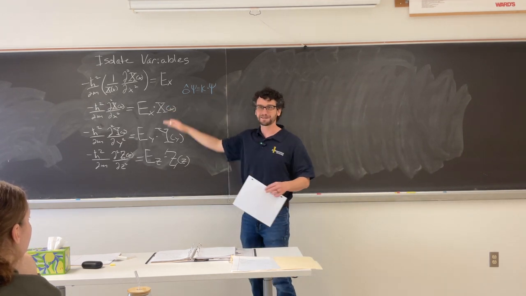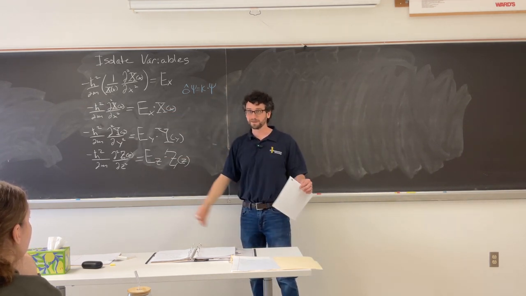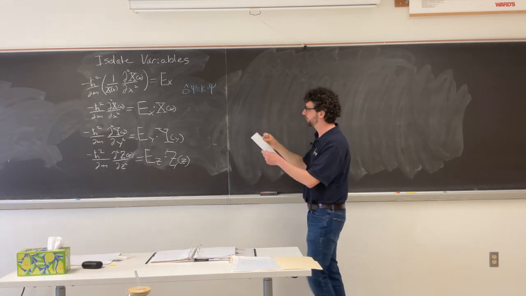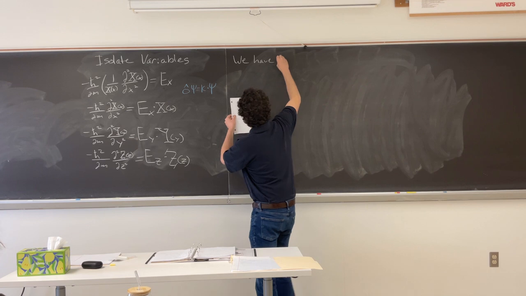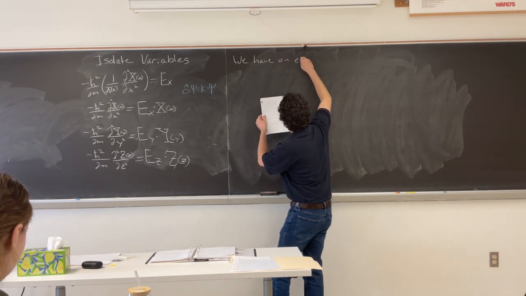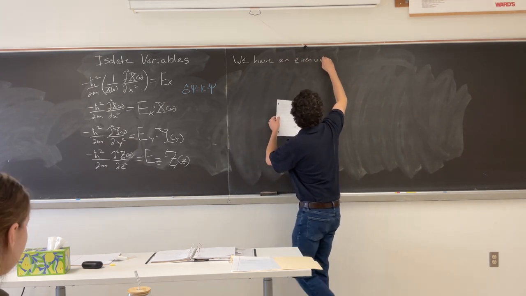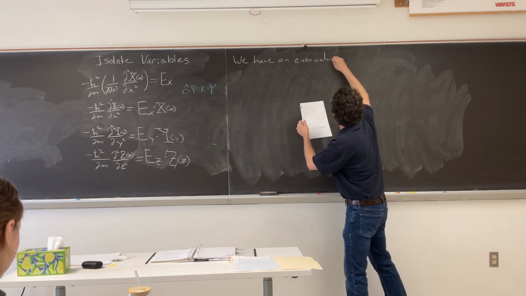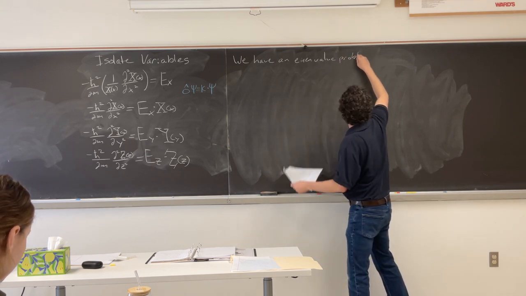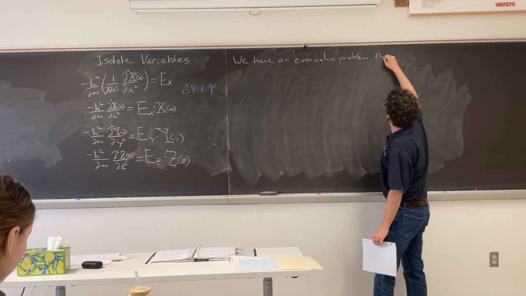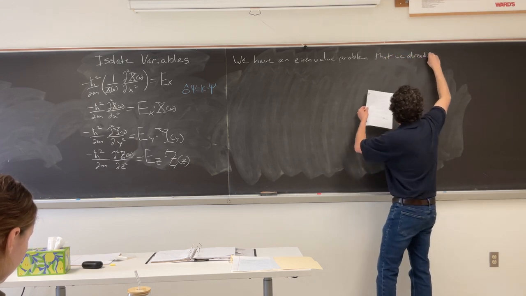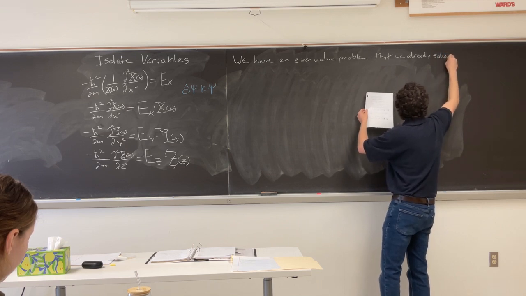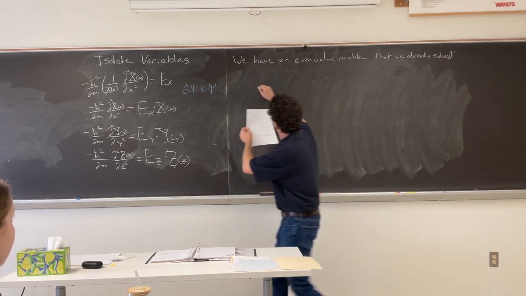So we've already solved this thing before. We know it's sine. We went through the formalism for it. We have an eigenvalue problem that we already solved, which is good.